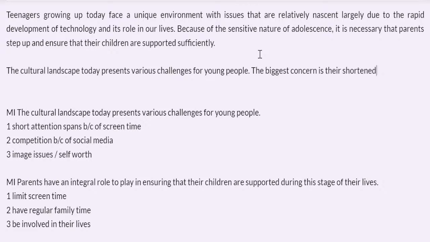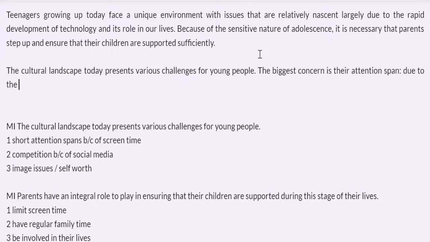The biggest concern is their shortened attention span due to the proliferation of tablets and smartphones, and their availability at really young ages.